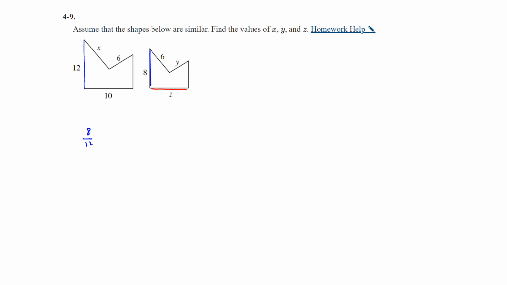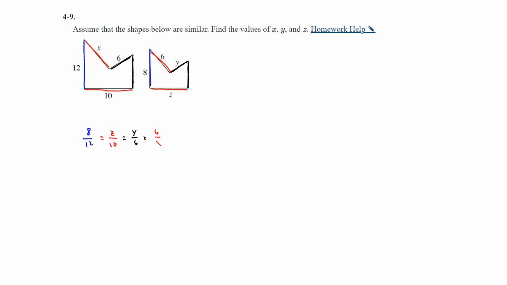And then that ratio should be the same as z over 10, which is equal to this one over this one, but we don't have those side lengths, so we're going to move on to the next one. And then that would be y over 6 is equal to 6 over x.